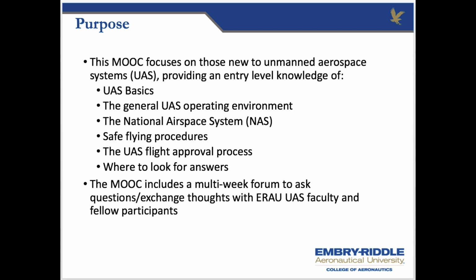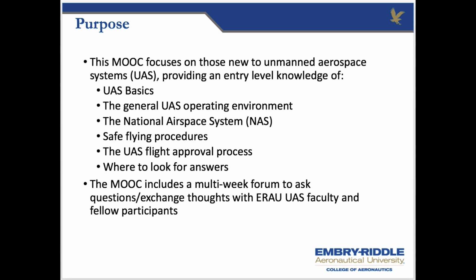In Module 2, we'll talk about the National Airspace System, or NAS, and we'll talk about safe flying procedures throughout both modules. We'll take a look at SUAS flight approval process, from recreationists to hobbyists, and remote pilot certification in Module 1, but then we'll jump ahead in Module 2 and look a little bit more in depth, specifically at 333 exemptions.